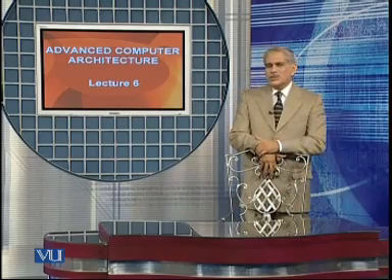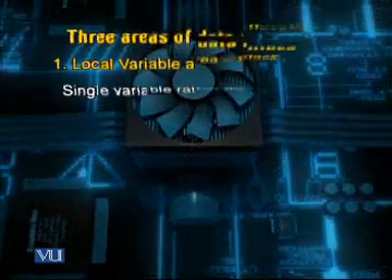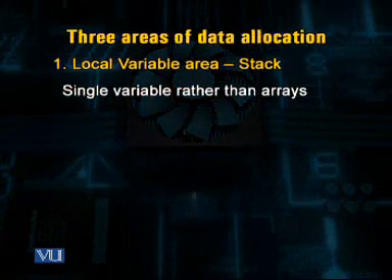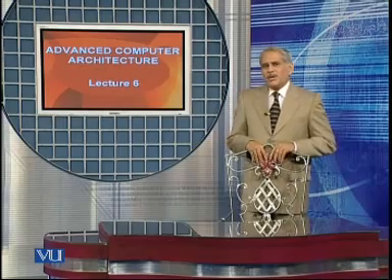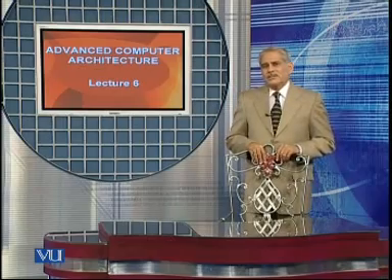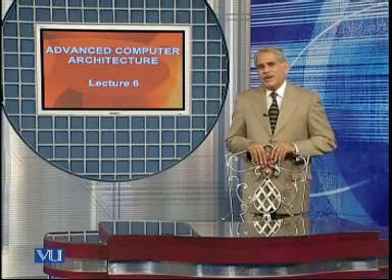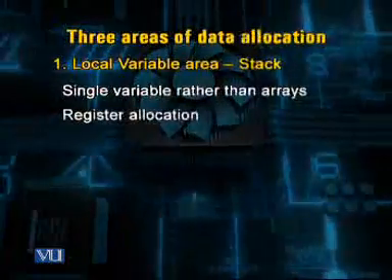The objects on the stack are primarily scalars, that is single variables rather than arrays. It is very important to note that the stack is not recommended for arrays. Rather, it is recommended for scalar data.